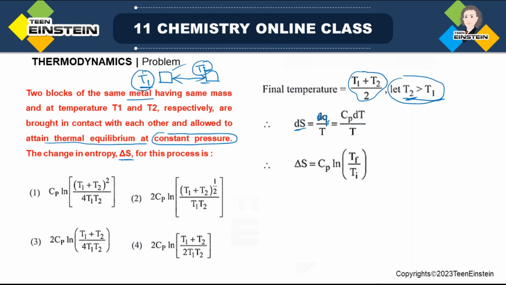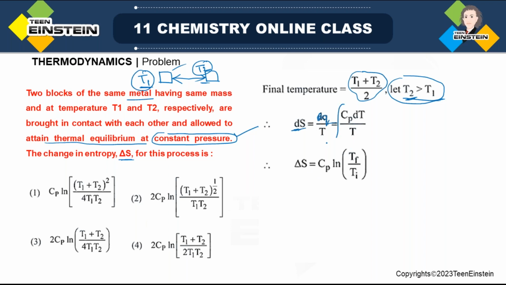Now we know that change in entropy dS is equal to Q by T. So Q by T, and in place of Q we can write Cp dT. That is the relationship, because it is clearly mentioned here, constant pressure. So this amount of heat that is involved, whether absorbed or released, irrespective of that, the relationship is Cp dT. Now it is in terms of d.